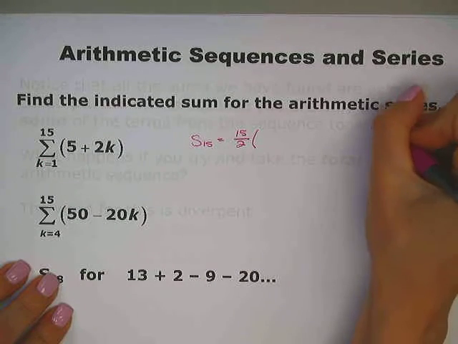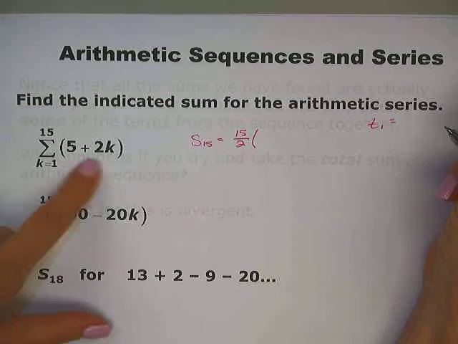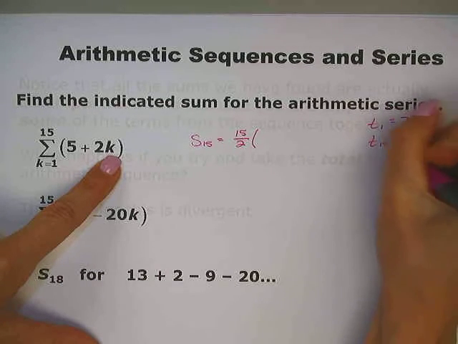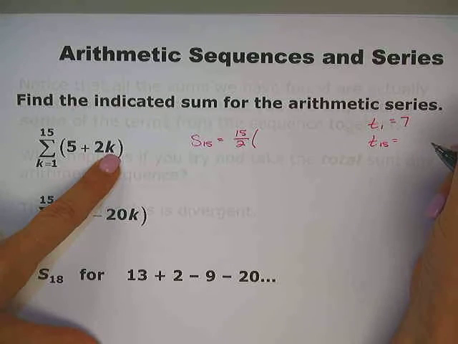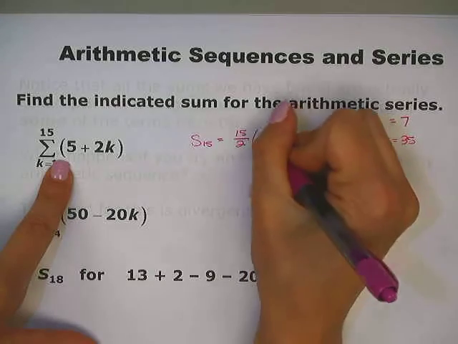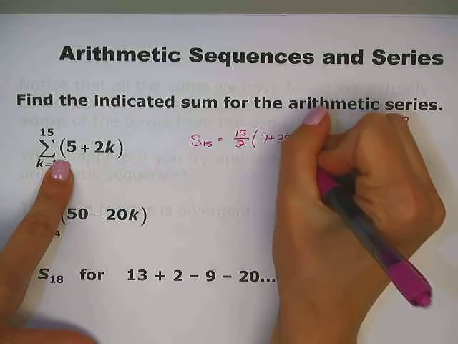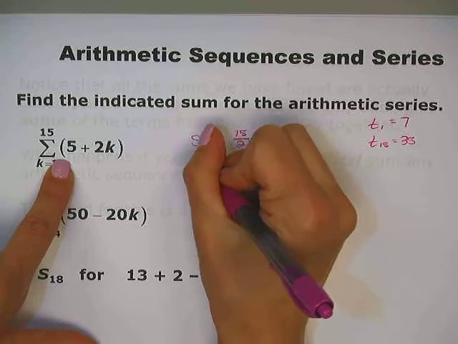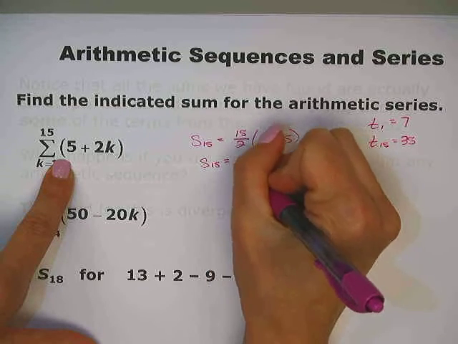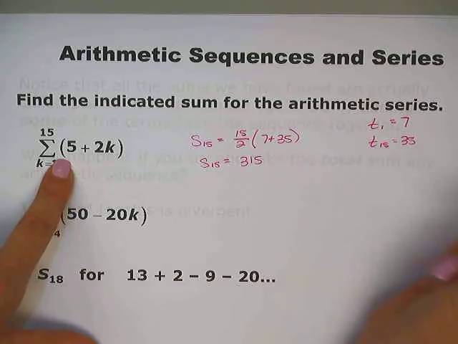So T sub 1 would be, plug in 1 right there, I've got 7. And T sub 15 would be, plug in 15 right there, that would be 35. So I've got 7 plus 35, and when you solve it out, the sum of the first 15 terms comes out to be 315.